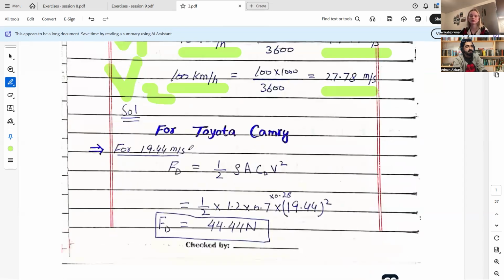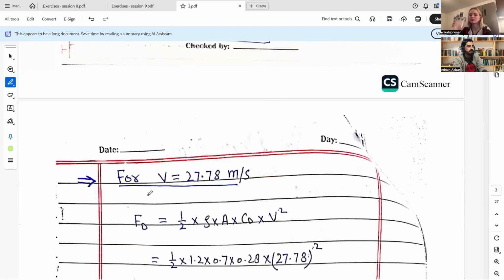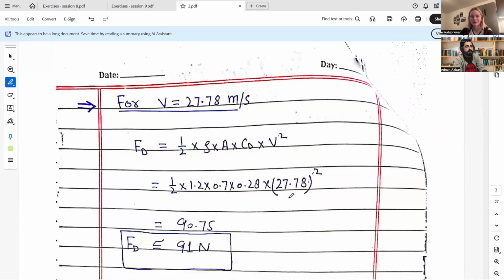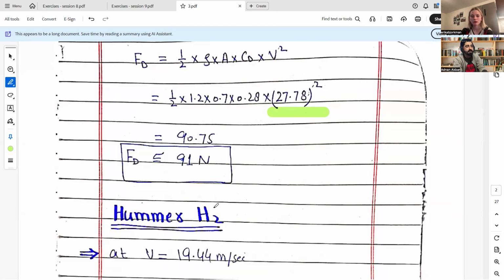For the first velocity, we use half rho A CD V squared, putting in the corresponding values, multiplying and simplifying to get the drag force for the first case. Similarly, for velocity V equal to 27.78 meters per second, FD is 1 by 2 multiplied by rho multiplied by A multiplied by CD multiplied by V squared. Simplifying, we get 90.75, and after rounding it off, it becomes 91 Newton.